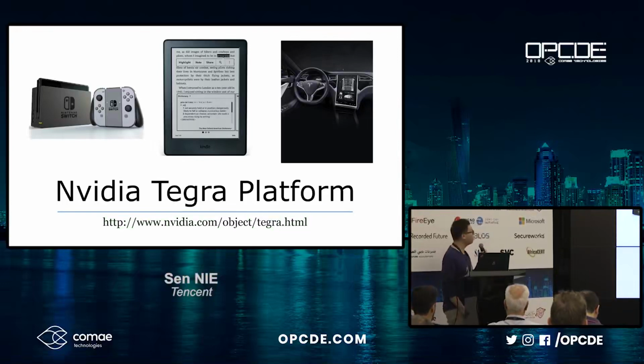Here I give three famous products: my favorite game console, the Nintendo Switch, and also my favorite ebook reader, the Kindle, and of course, Tesla uses Tegra as its infotainment systems. Also, BMW is using the Tegra platform in their cars.